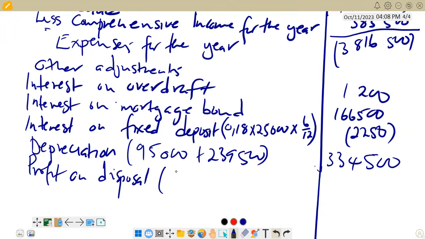So let's start with the credit side, where we have 107,500. This one is the accumulated depreciation. We add the amount received, which was 132,000. Then we subtract the cost, which is 227,500.